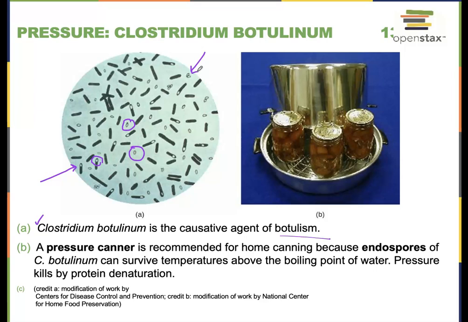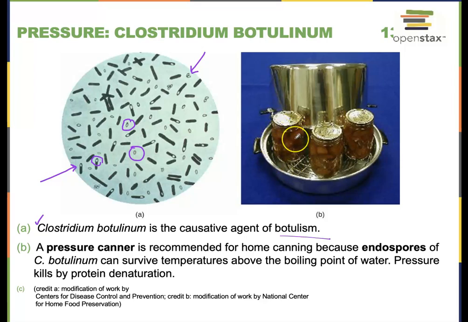And so in order to survive those wild fluctuations, the bacteria that have evolved to be in the soil form spores to survive. And so when you can foods and can vegetables, the spores of Clostridium are probably in or on those vegetables somewhere. Okay, so you can wash them, but you're not going to sterilize your food before you can them.